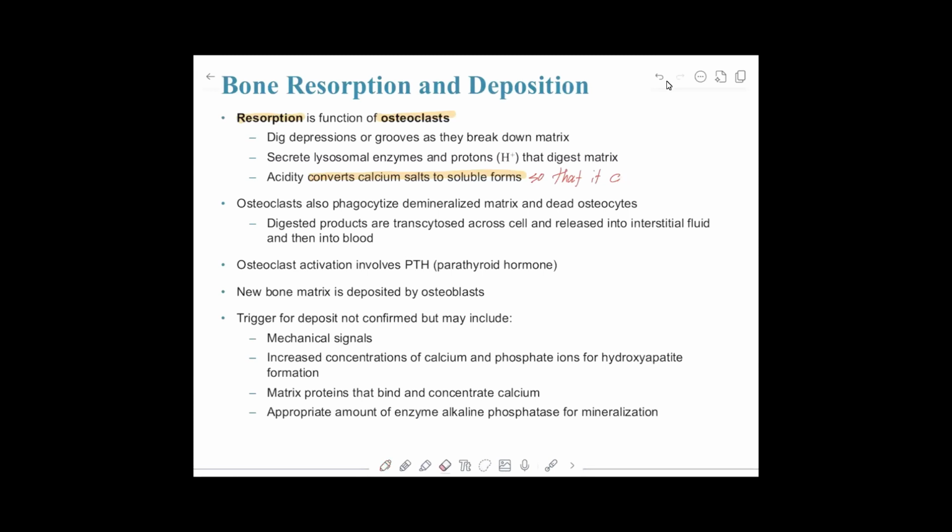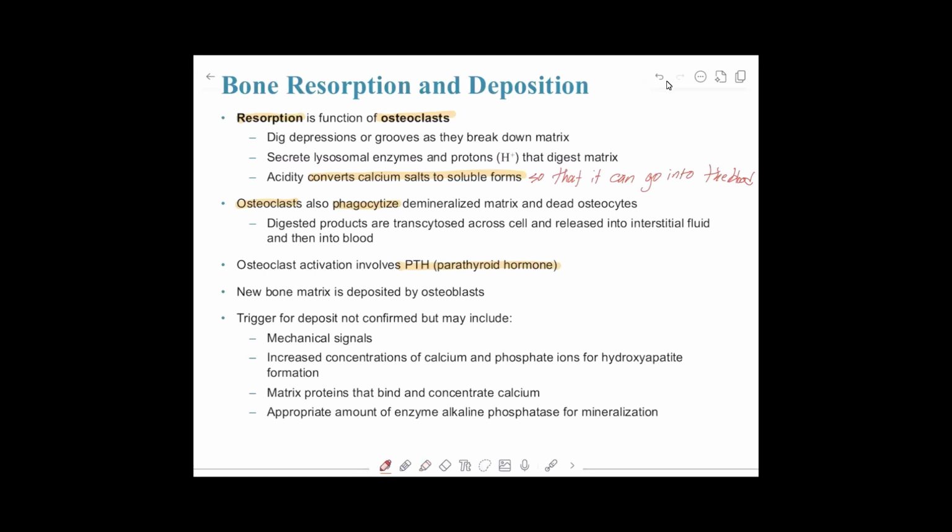Osteoclasts also phagocytize demineralized matrix, and this involves the parathyroid hormone that I just talked about on the previous slide.